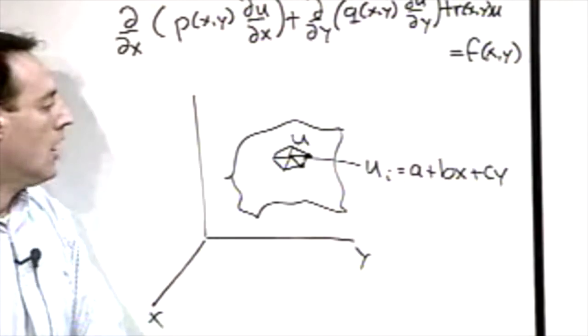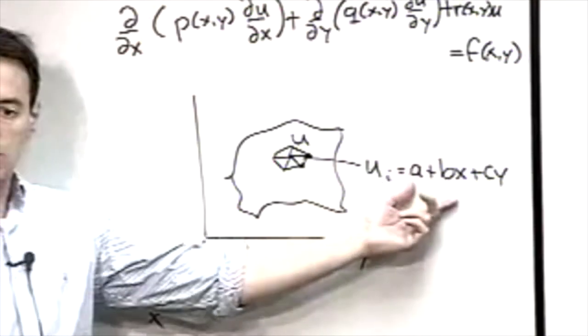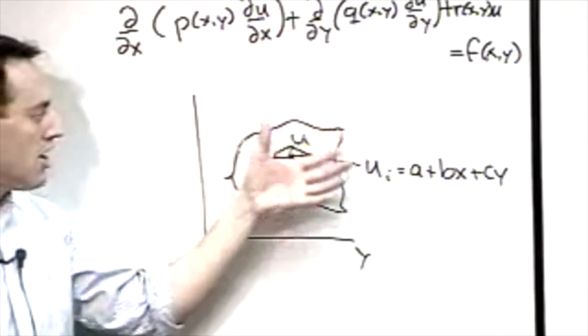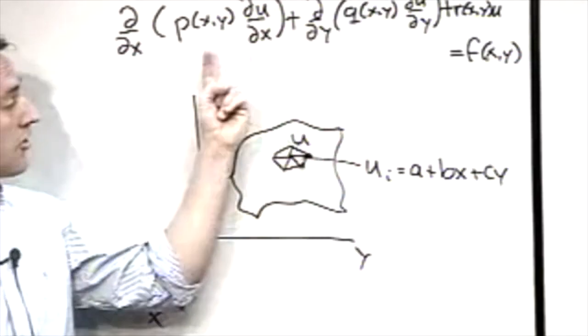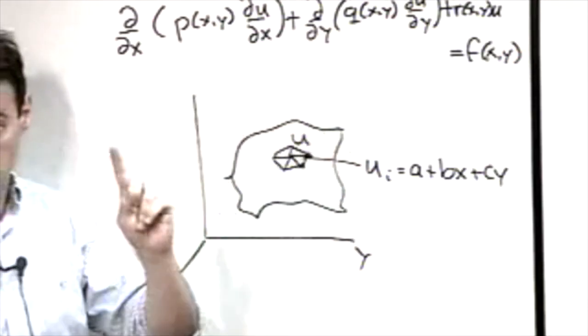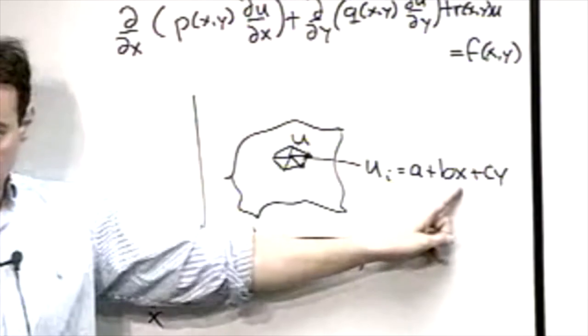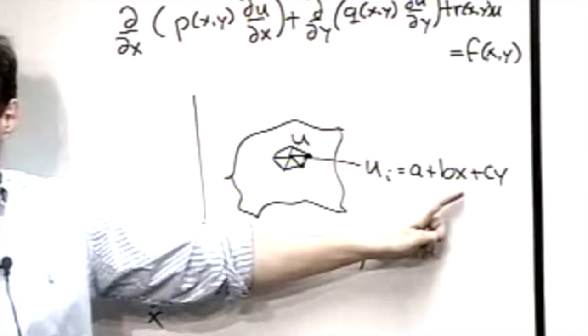Now, one of the problems that comes up right away is, in this interior, how do you find it? Well, it satisfies this partial differential equation. But notice the following. Why am I approximating with this plane? Because it's easy.